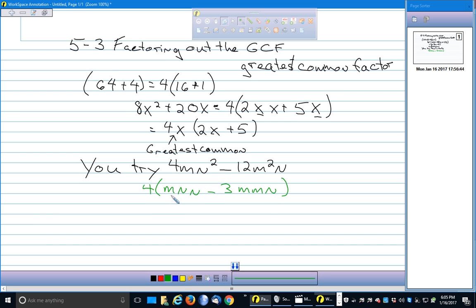And so you can see that inside the parentheses the letters that I could pull outside are 1m here and 1n there and 1m here and 1n there. So I'm going to pull those outside my parentheses, and now I have 4mn times (n minus 3m) is what's left over. And hopefully you did that on your own.